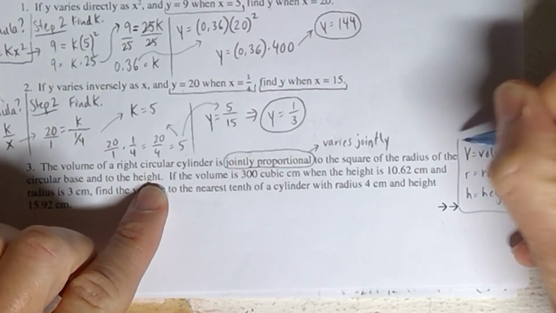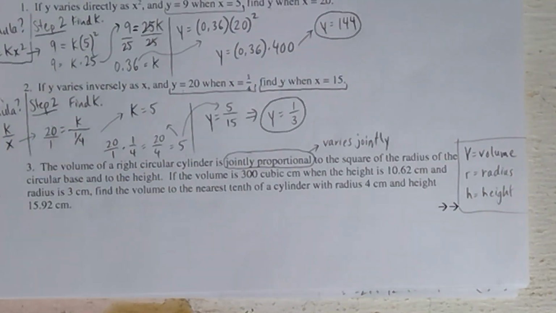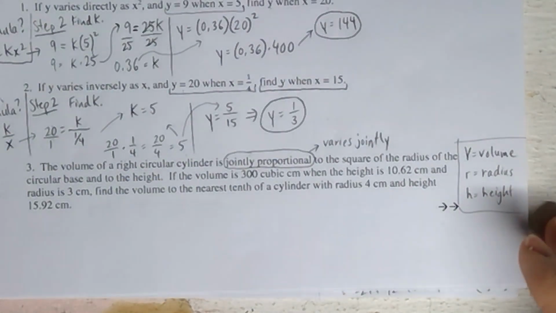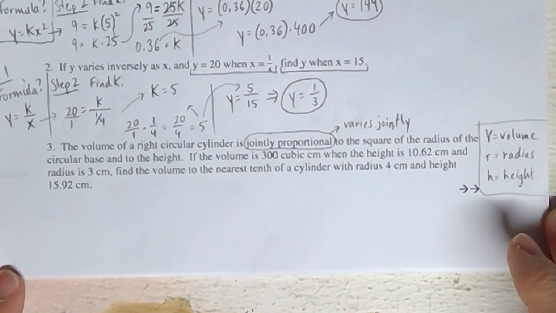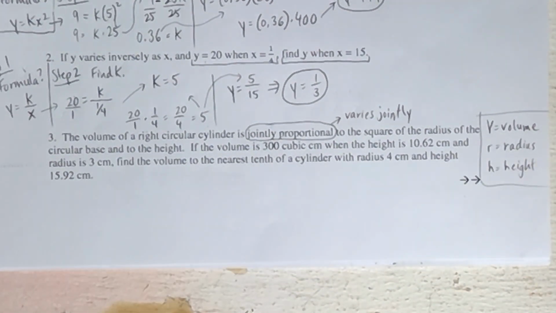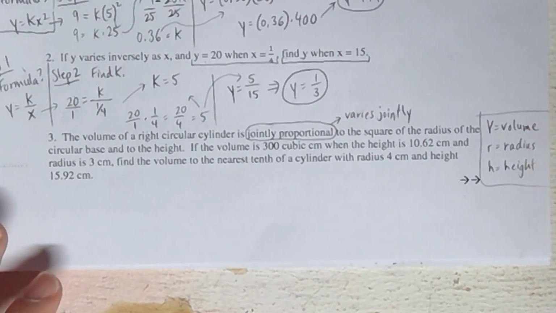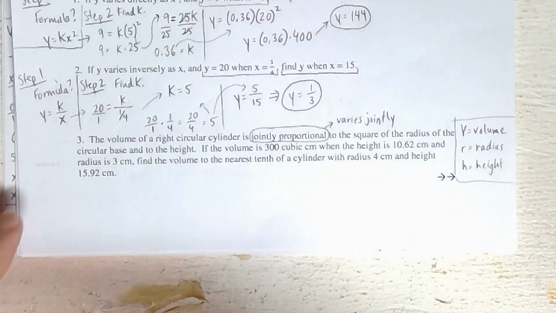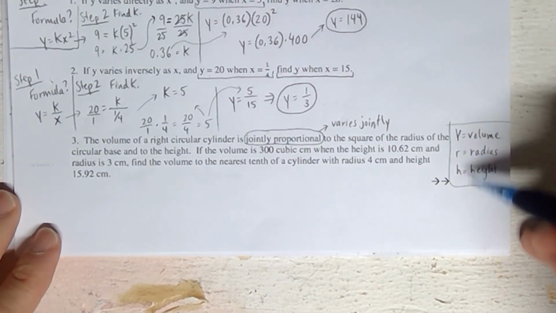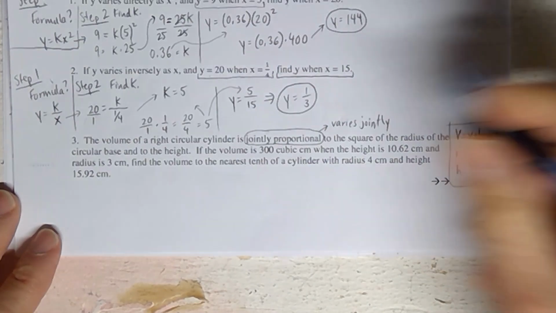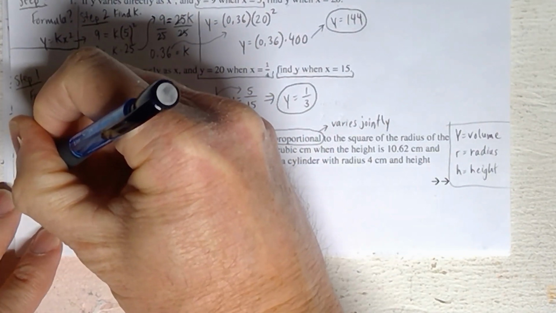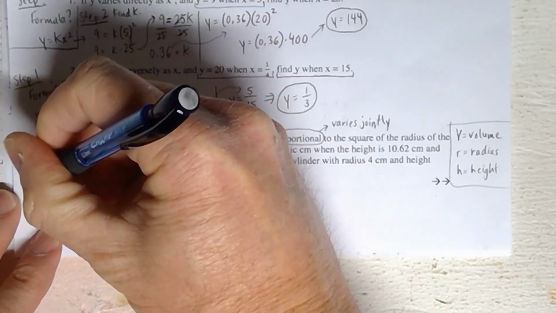Okay, so those are the letters I'm going to use, my variables in this problem. All right, so let's try to write out a formula, because we can't put words inside of a formula. We have to have numbers and variables, and that's why I established this over here. Now let's try to write the formula with those variables in it.